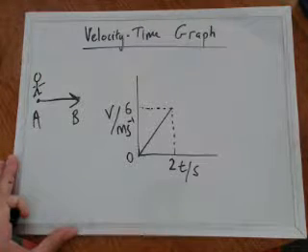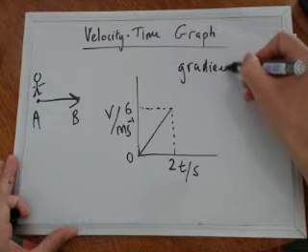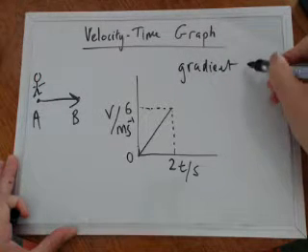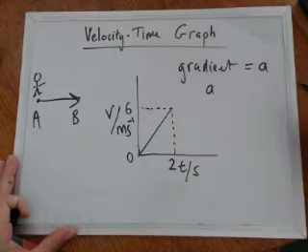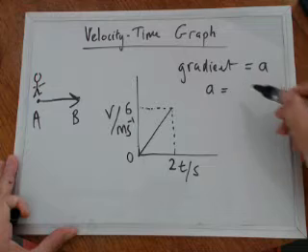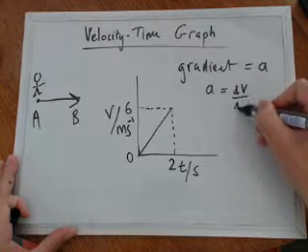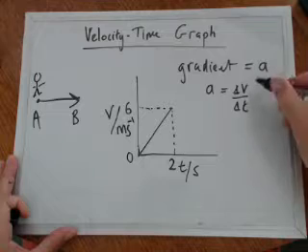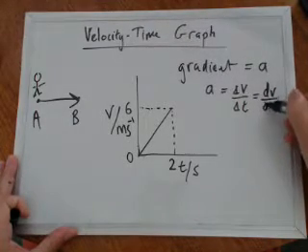Now, the gradient will be equal to the acceleration a, because the acceleration is equal to the rate of change of velocity. So that's a change in velocity over the change in time, and that can also be written as dv dt.